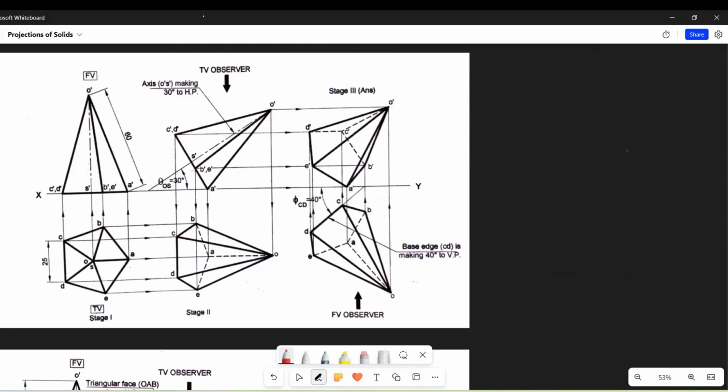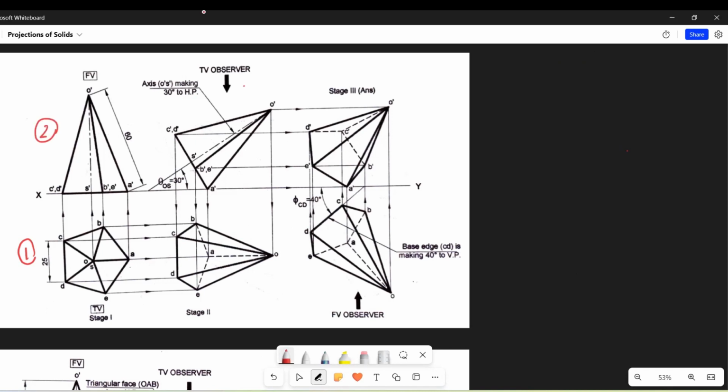Now let us understand how to form a question from the given solution. For that, we will number the views. Let this be view number 1. Then this will be drawn as view number 2.